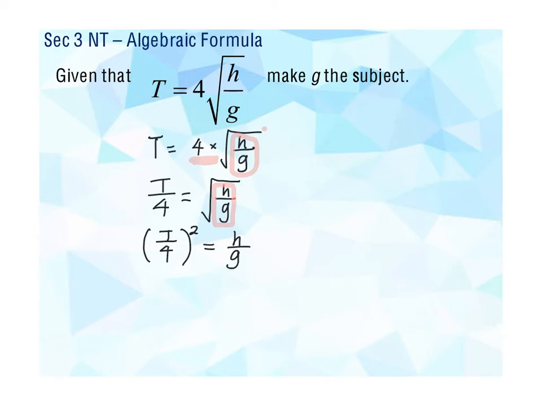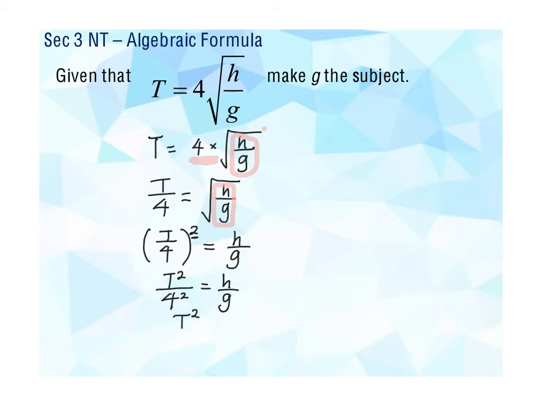Now there's a bracket down here. We'll need to do this very carefully. The square applies for everything inside the bracket. That means I'll get T squared over 4 squared equals H over G. What is 4 squared? 4 times 4, 16.